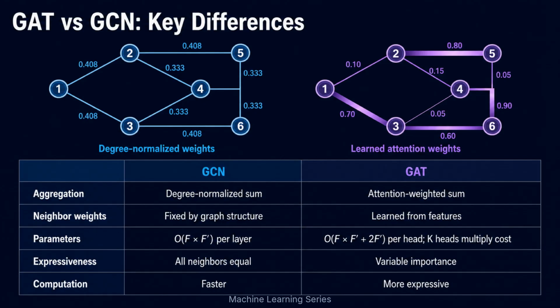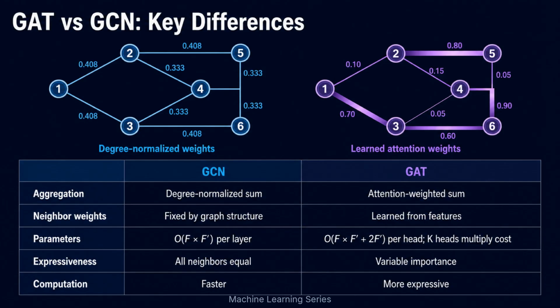GAT adds the attention vector, roughly 2 F prime additional parameters per head. Expressiveness: GCN treats all neighbors identically given the structure. GAT can assign different importance to structurally equivalent neighbors. Computation: GCN is faster since attention computation adds overhead, but GAT's expressiveness often leads to better performance on tasks where neighbor importance genuinely varies.